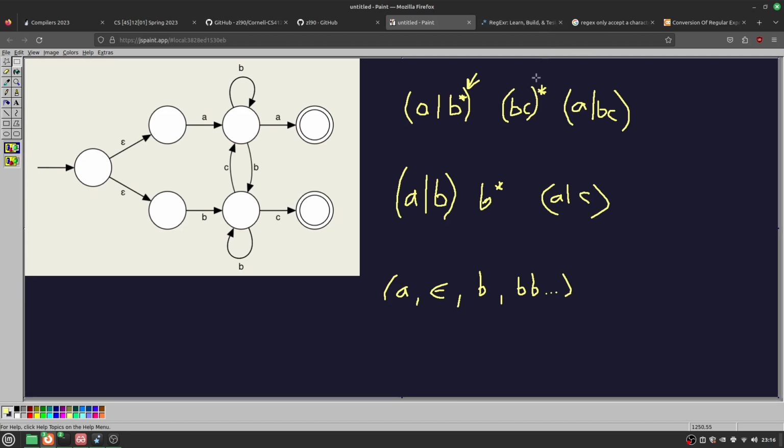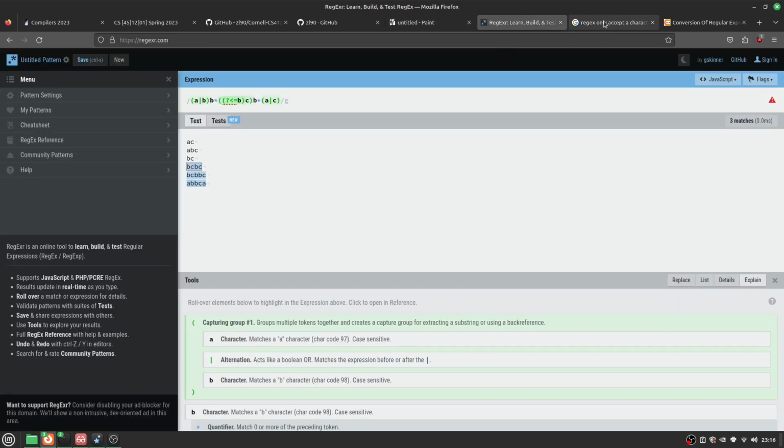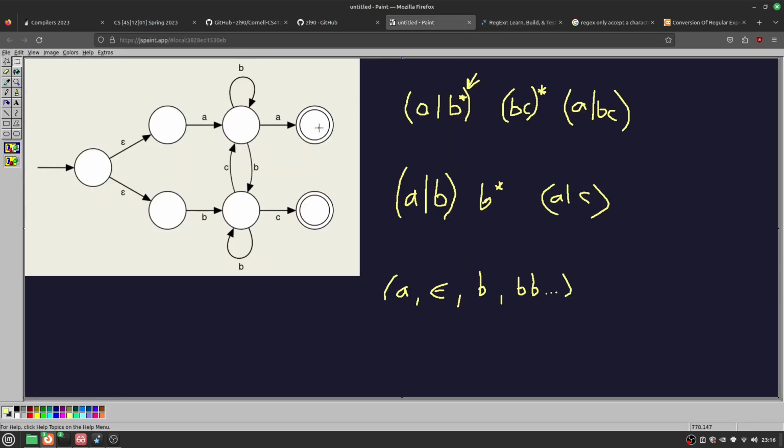So to end on C, we must check that we've done a B. And to end on A, we must check that we've done an A or B or C.